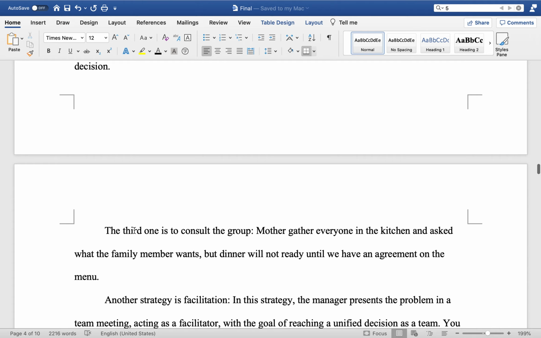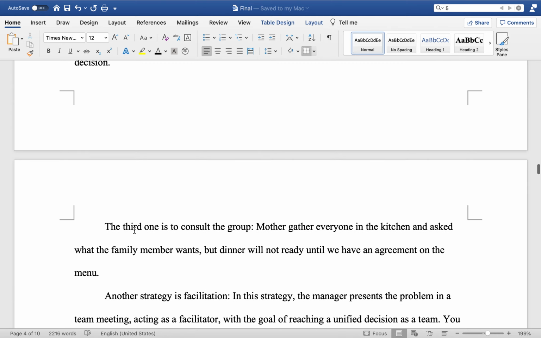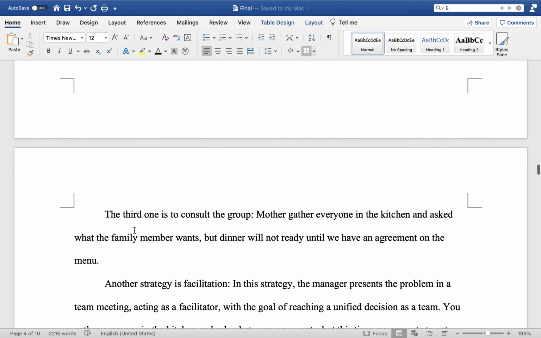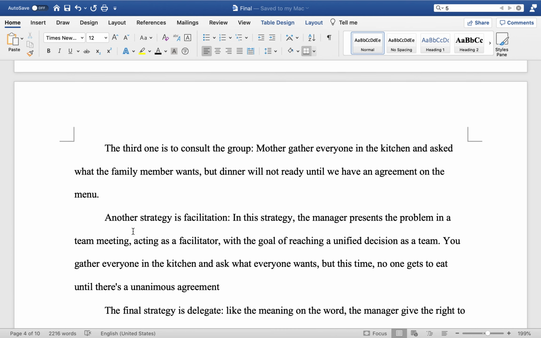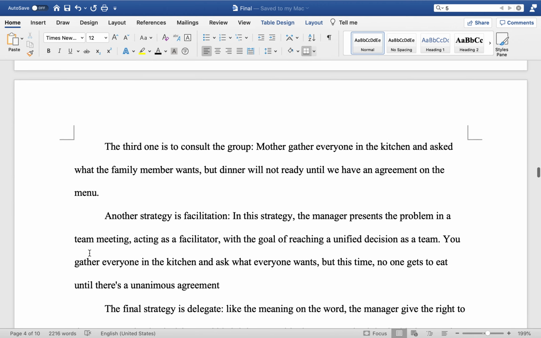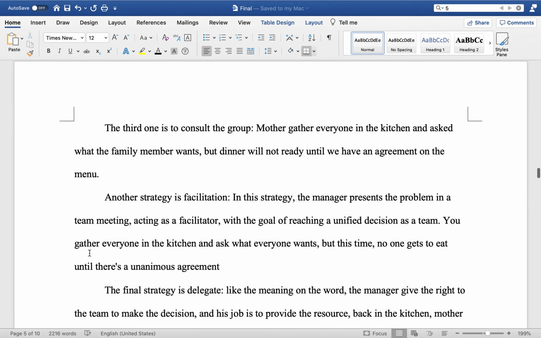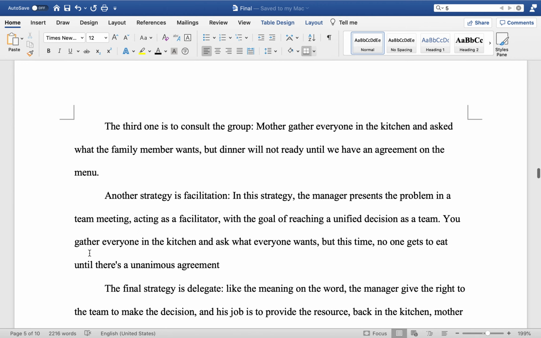The manager gathers everyone and asks what the team members want, but until the team members reach agreement, we cannot make the decision. Another strategy is facilitation. So the manager presents a problem in a team meeting, acting as a facilitator with the goal of reaching a unified decision as a team.